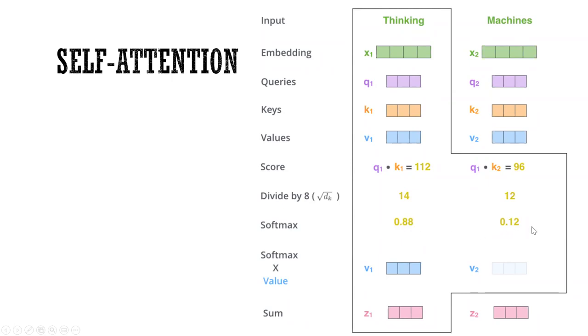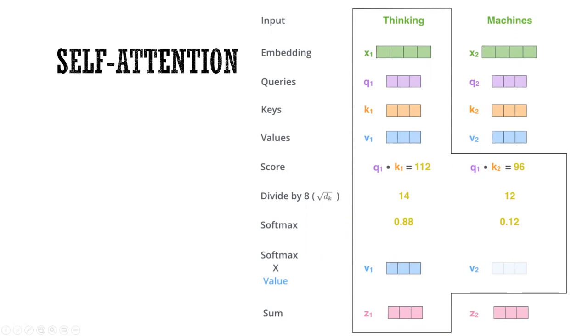Then we multiply this distribution with the values, and then we sum it up together, which gives you a weighted sum. So Z1 is a weighted sum of V1 and V2, and the weights come from this softmax function.